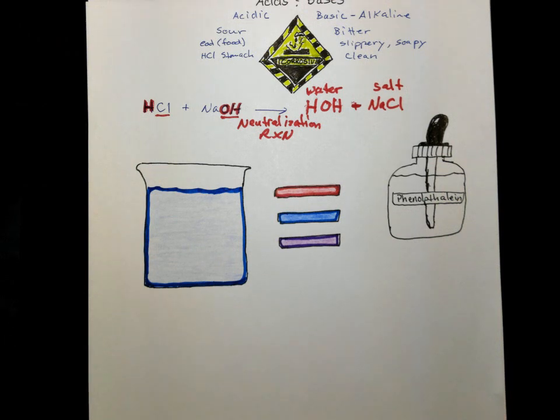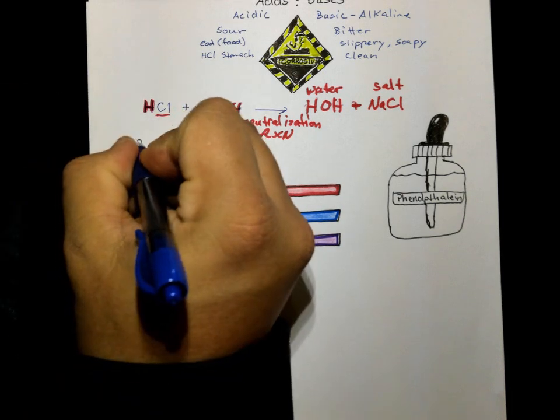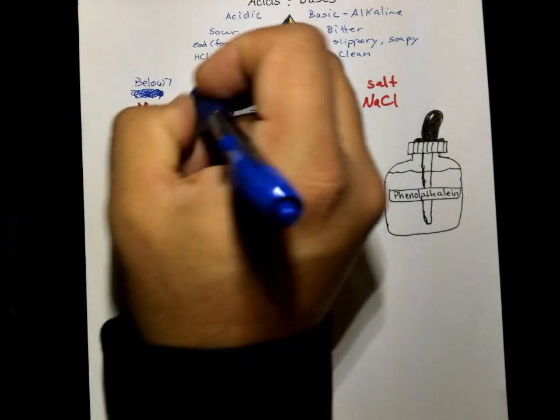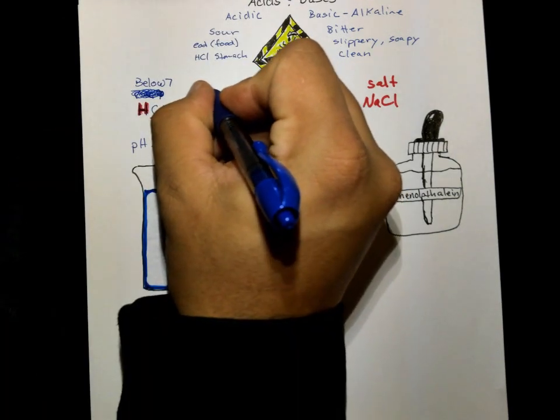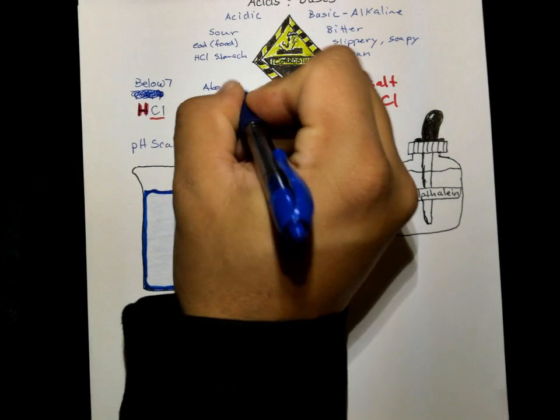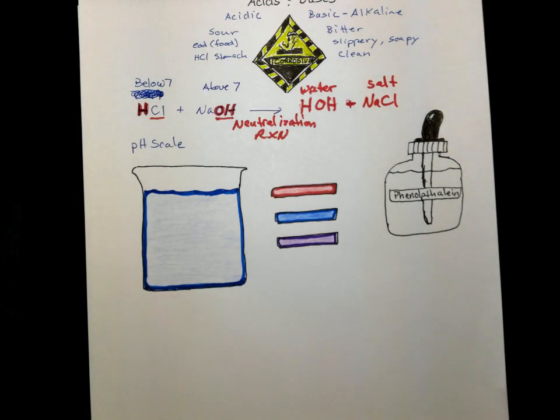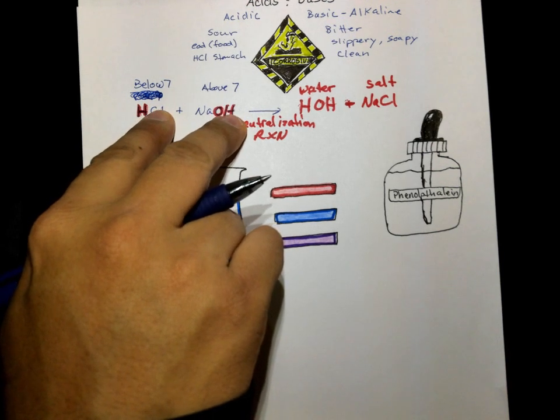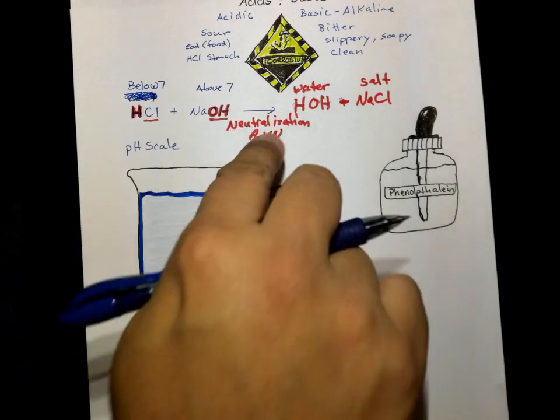We measure acidity or alkalinity. Remember, alkalinity means basic. We measure acidity and alkalinity on this thing we call the pH scale. All acids have a pH below 7. All bases have a pH above 7. And when the acid and the base cancel each other out, we get a neutralization.